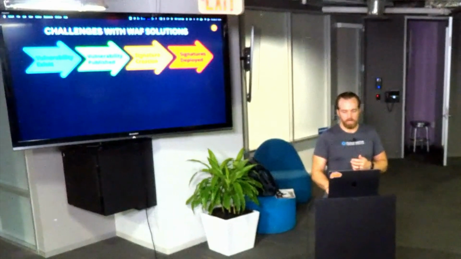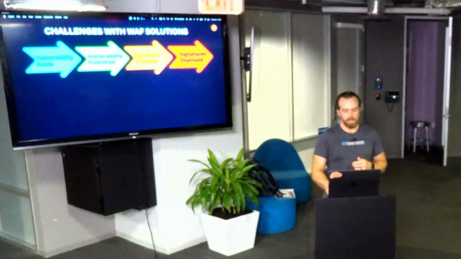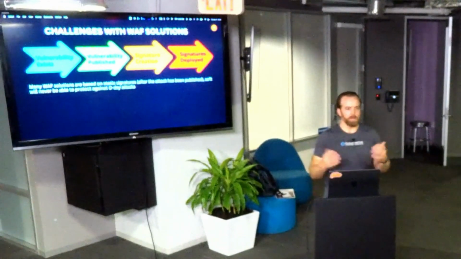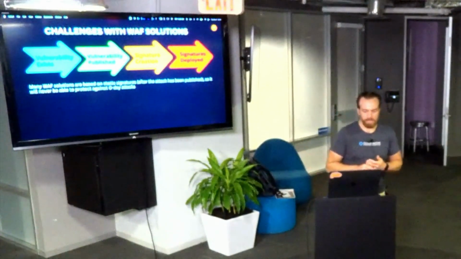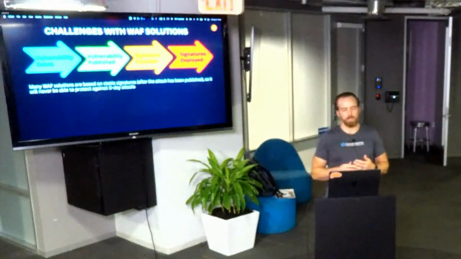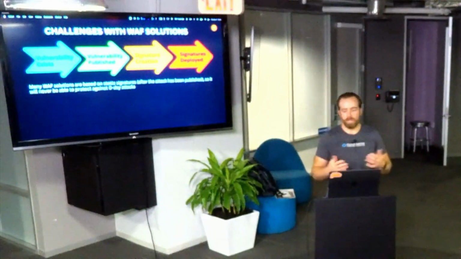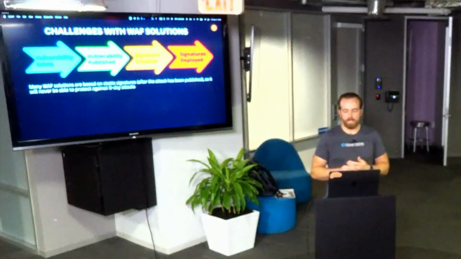So there's really a big window for your applications to be existing as vulnerable. Many WAF solutions are based on static signatures, like I just said. So after the attack has been published, and who knows when that exploit was actually out there and found, attackers were able to take advantage of that exploit.